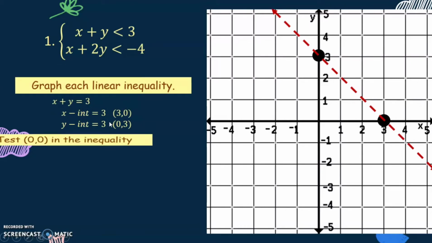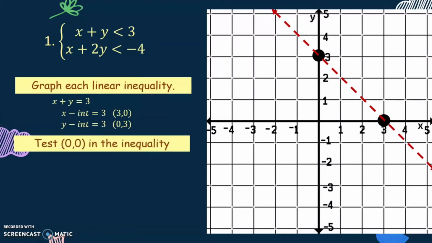After that, we test (0, 0) in the inequality to know what region we have to shade. So using the first inequality, replace the values of x and y with 0, so it will become 0 plus 0 is less than 3. 0 plus 0 is 0. So ask yourself, is 0 less than 3?